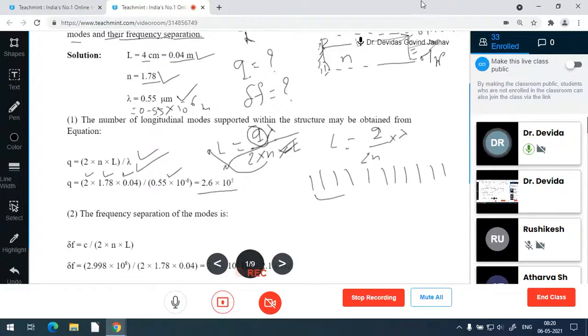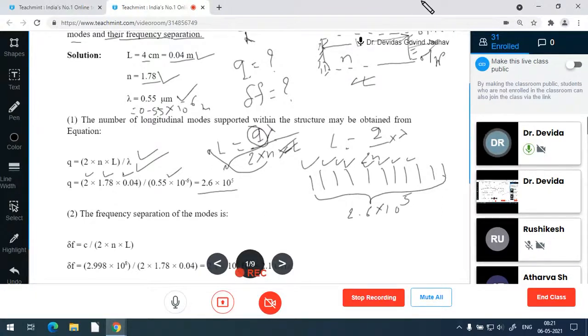So 2.6 into 10 raised to 5 different frequencies are possible in the optical range, infrared and ultraviolet range. These many frequencies are supported by this particular ruby crystal structure.